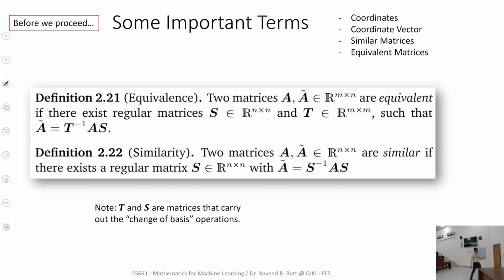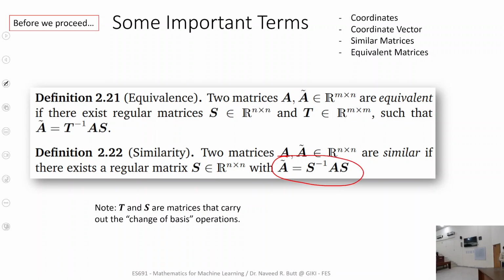Now this is the definition that we often teach in undergrad in linear algebra 2: two matrices in R^(n by n), square matrices, are similar if there exists a regular matrix, regular meaning invertible, an invertible n by n matrix S, such that they can be written in this form.